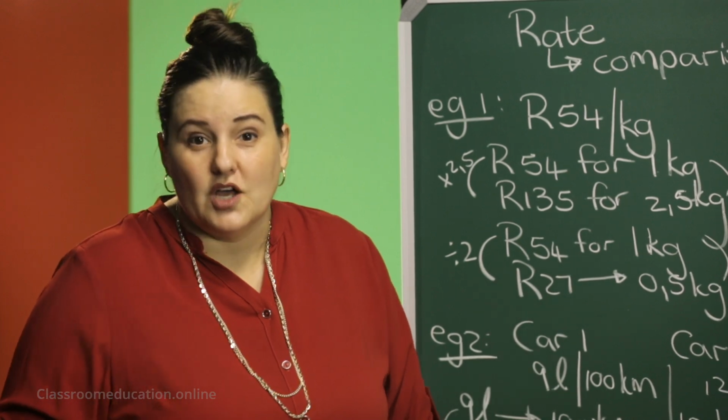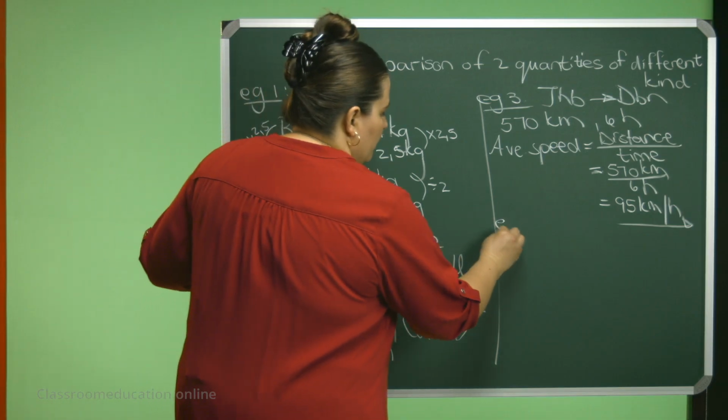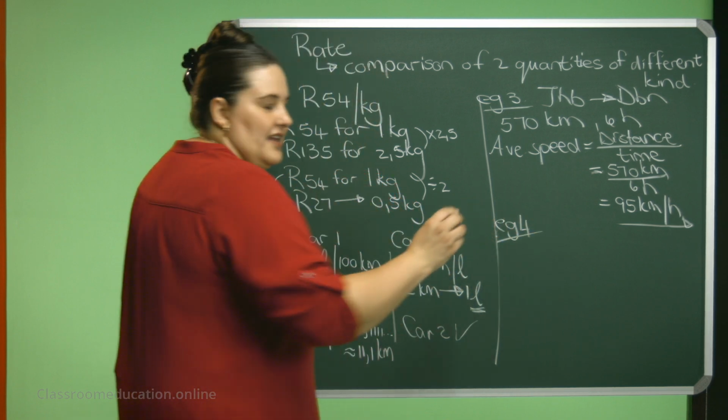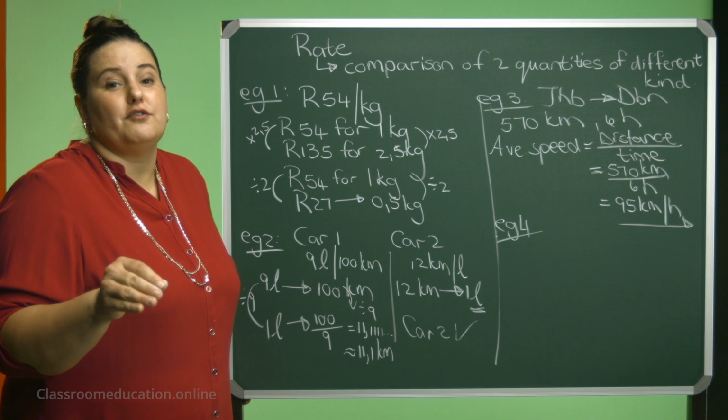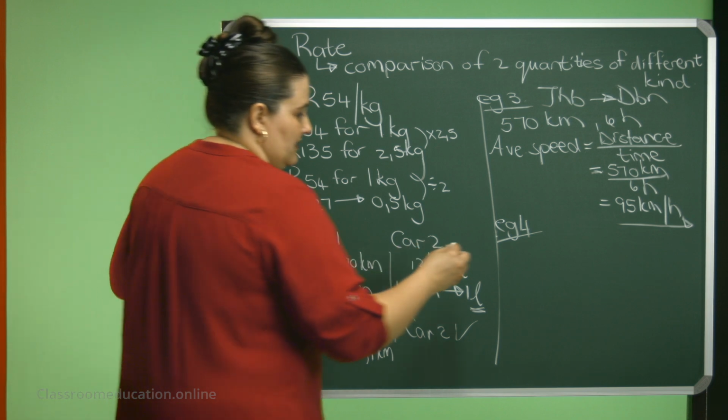Let's do a last example. Example 4. The speed of sound is about 343 meters per second.